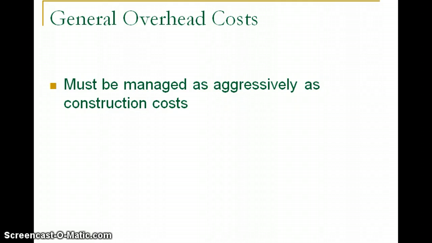If the job requires a temporary field office, then the expenses related to that field office, for example, the expenses in rent, utilities, and any other type of costs associated with that field office will be part of the field overhead.